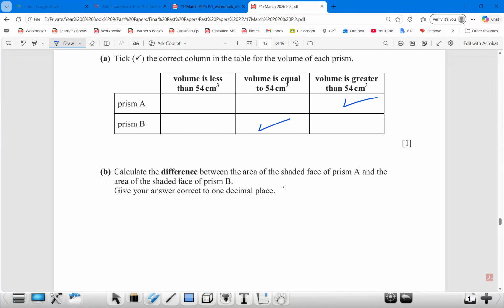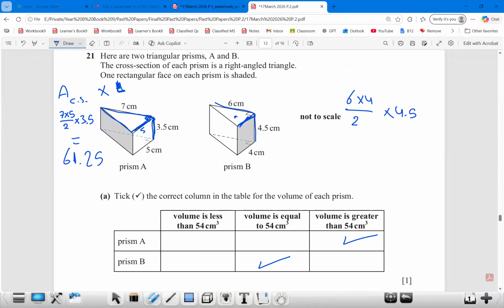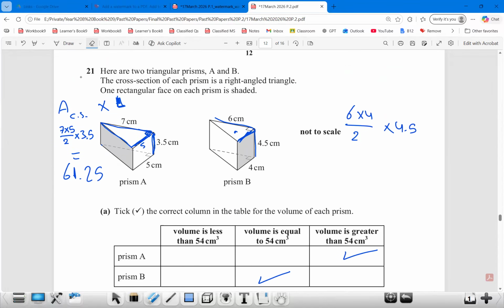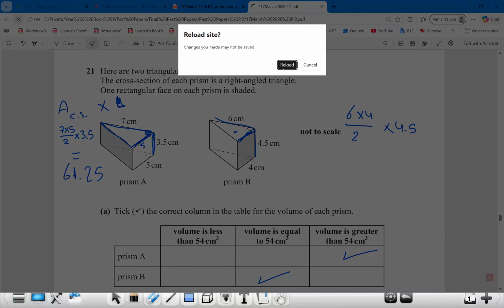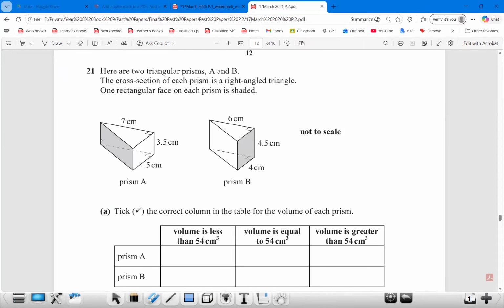Calculate the difference between the area of the shaded face of prism A and the area of the shaded face of prism B. Let me erase this here. All right, they wanted the area of this face. How can I find the area of this face, mister? It is length times width, but I do not know the length. Do you know this? No, we don't.